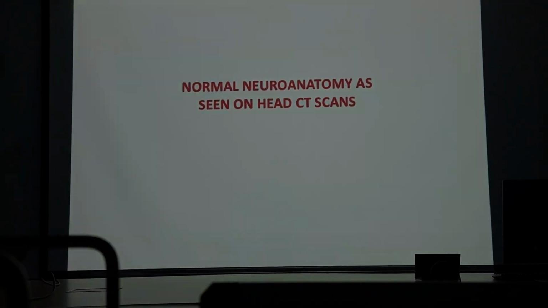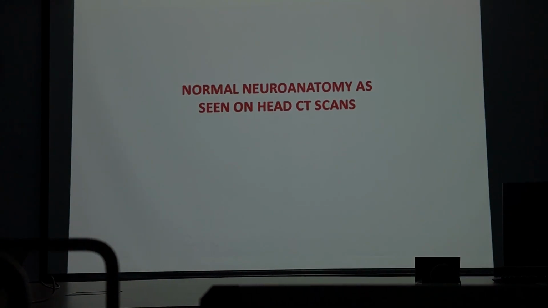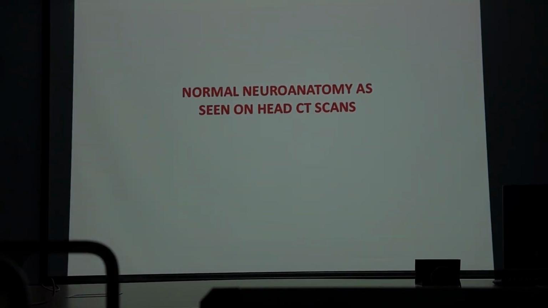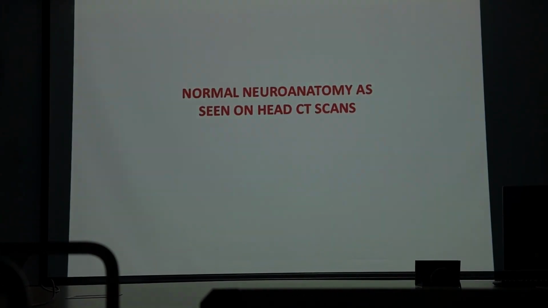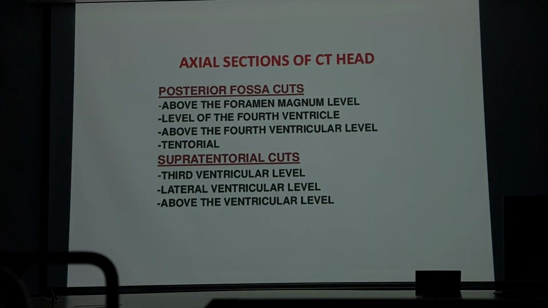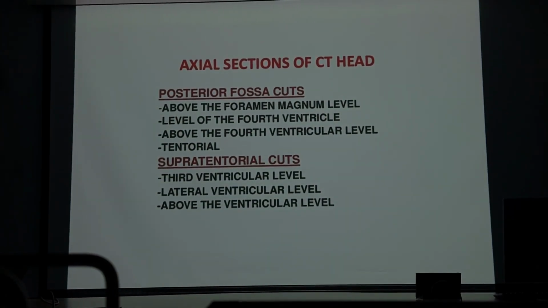Once you know the normal, you can recognize the abnormal. This is the golden rule for each radiologist or radiographer practicing and using the CT scan or even any other radiological machine or imaging.